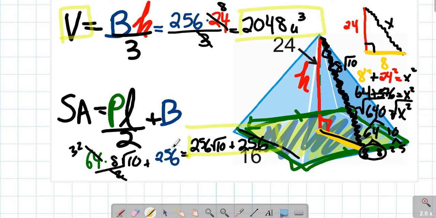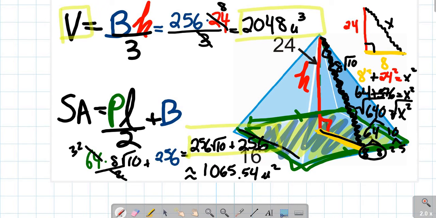Now, to get the decimal on your calculator, you simply find the square root of 10 times 256, and then you add 256. And this is called the approximation version. Approximately 1,065.54 units squared.